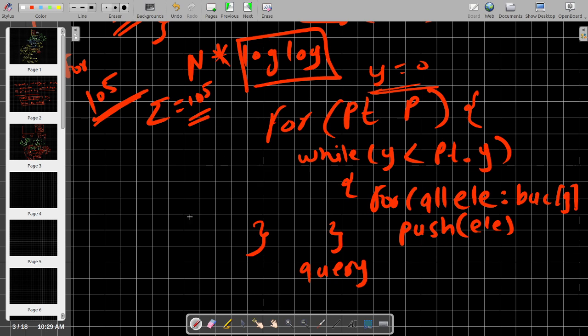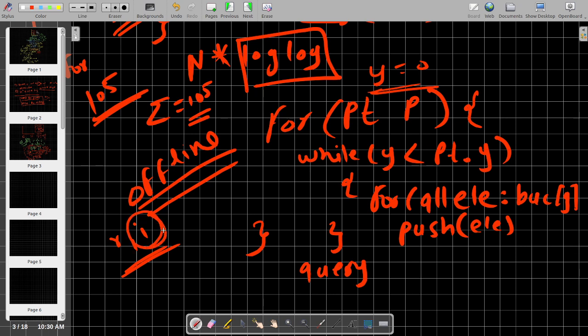Also remember that this is an offline method, so you also have to maintain the indexes. When we sort, we lose the order in which we have to return the answers, so we will also store an index i with each point. Even if we sort, this i gives the mapping to the original answer, right?